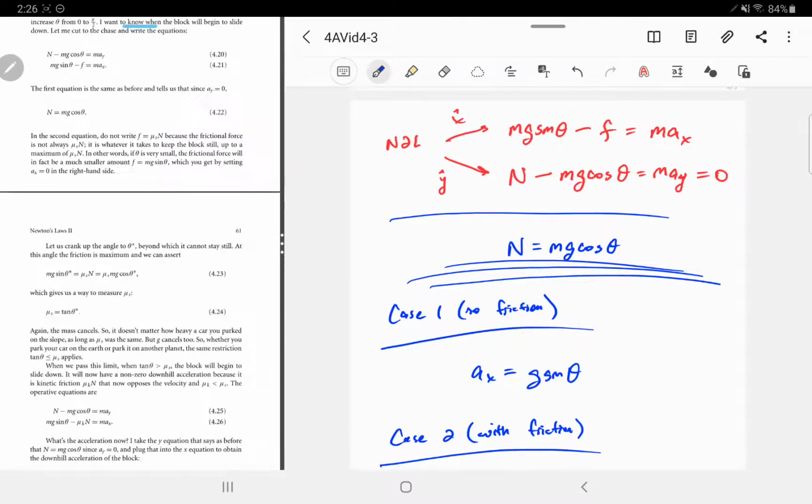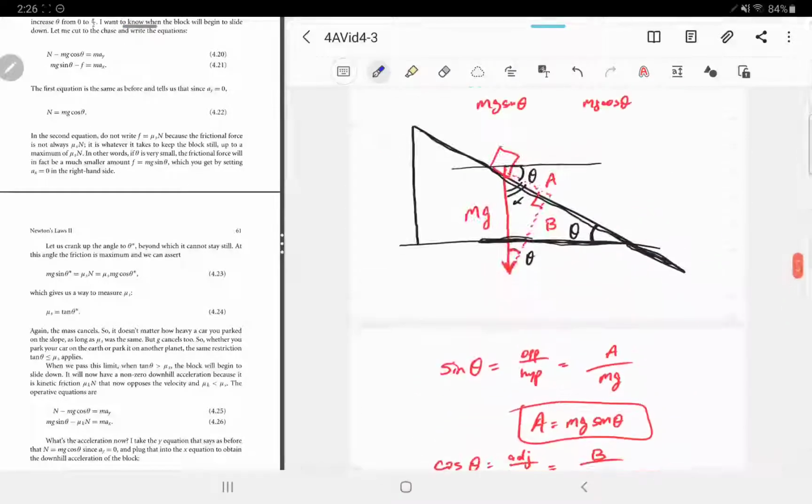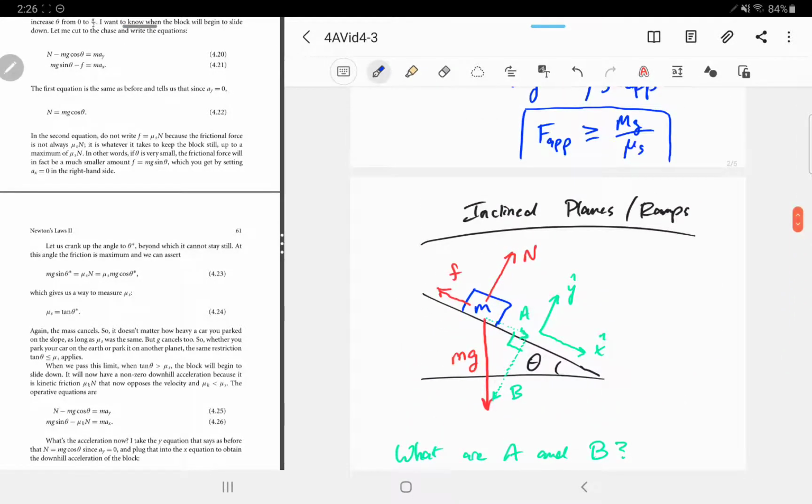Theta star is a special angle at which the ramp is inclined where the block starts to move. Let's go back to the original setup. If theta was 0, then the block wouldn't move at all. Now imagine theta was like 1 degree. For most cases of friction, the mass is going to stay on there. So you can keep increasing the angle theta until some limit when the block starts to slide.